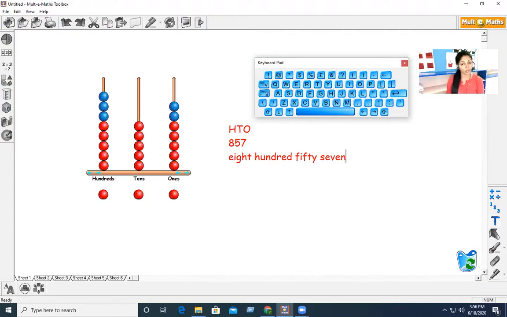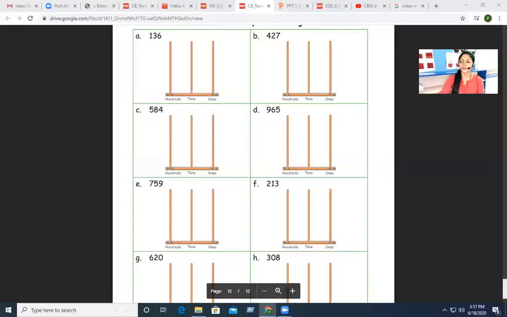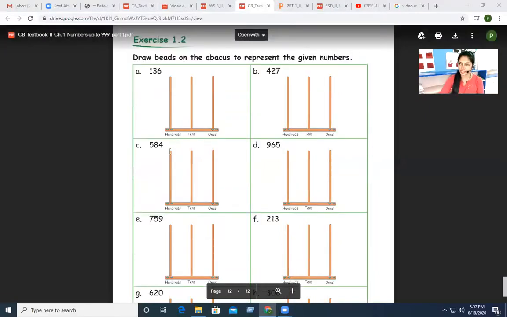Now, shall we solve the exercises from the textbook? Yes? Okay. Now I will be sharing the exercise from the textbook. Here is the exercise.